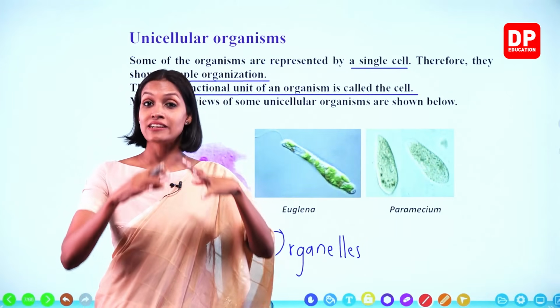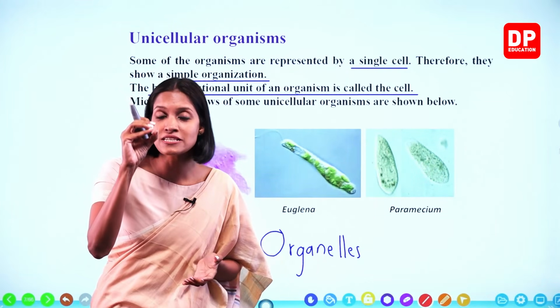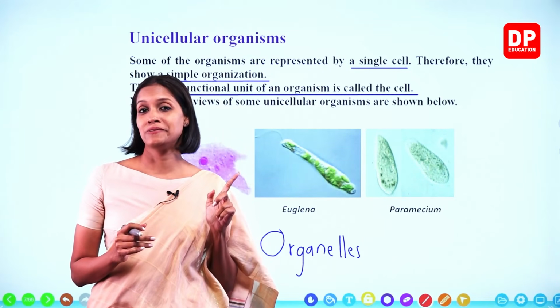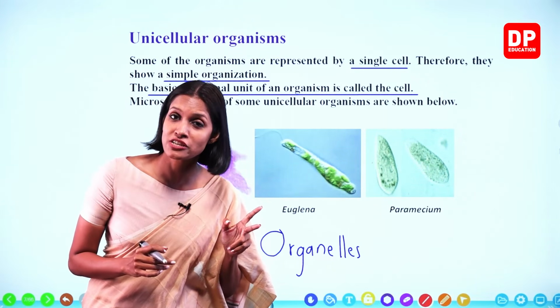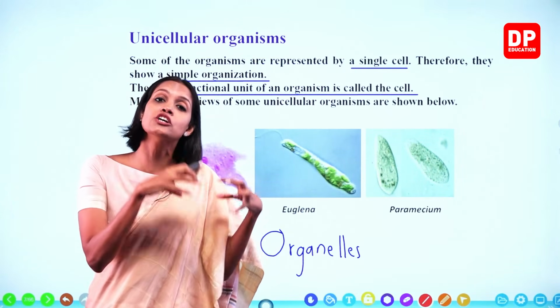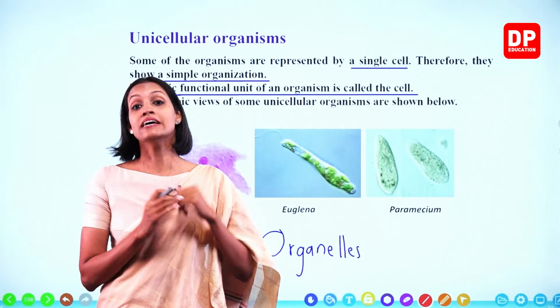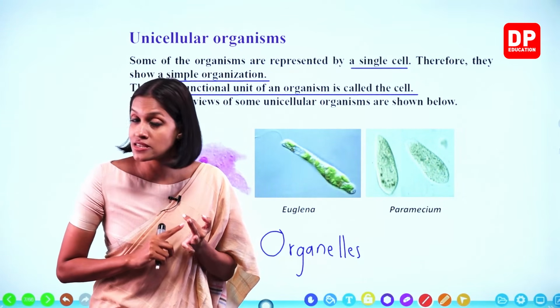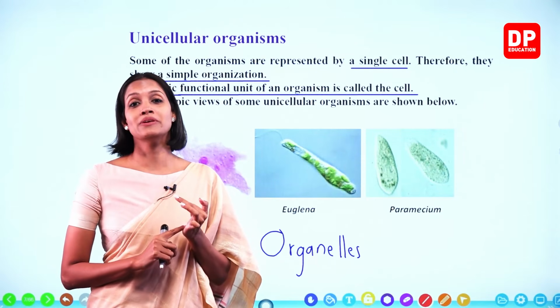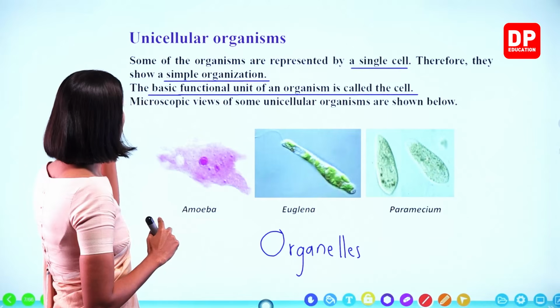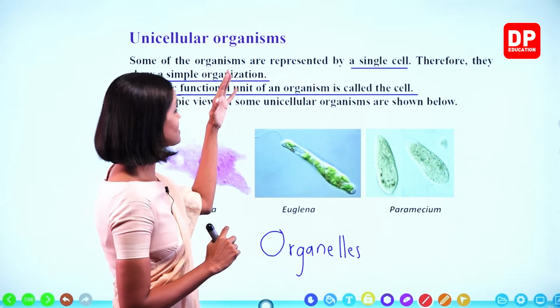When you consider an organism, the smallest structure present in that organism is also the cell. What is the basic functional unit? The basic functional unit means the smallest unit that can work on its own, which is also the cell. Therefore, the basic structural unit and also the basic functional unit of an organism are both cells. Right, children?